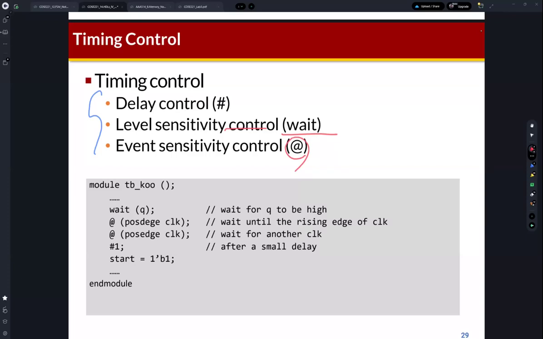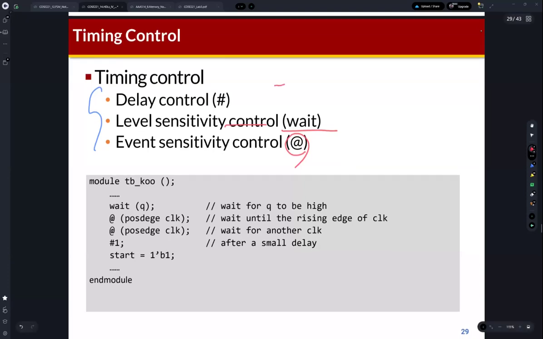So for timing control, we can use the delay of time directly using the sharp symbol. We can check some level condition using the wait statement, level sensitivity control. And we can also monitor some event, like this at symbol, so we can define the event of time.